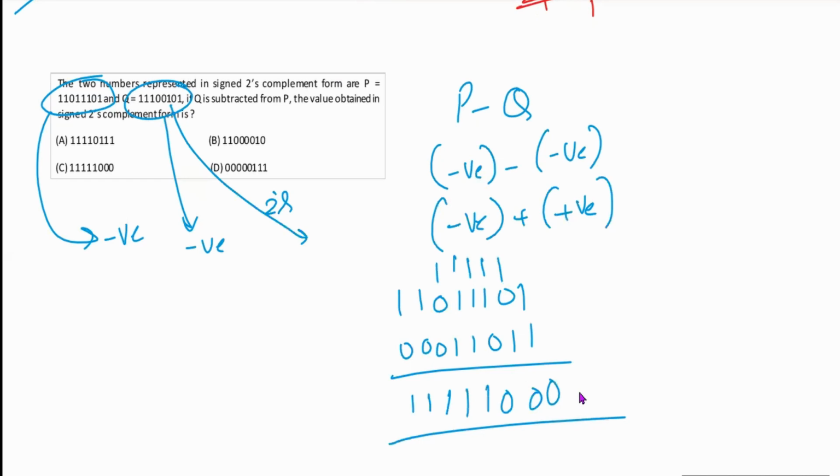Okay, so this will be your answer. So you need to check which option has the last three zeros and all ones here. This is option number C.